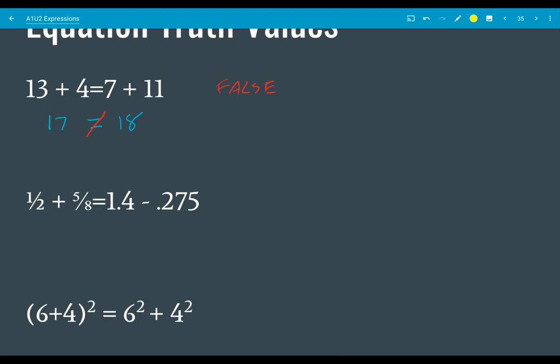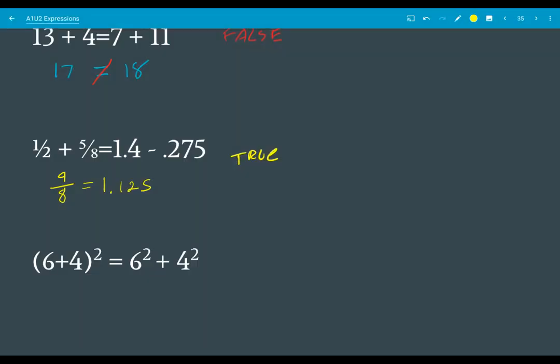So let's look at our next one. So this side is 9/8. And that's going to be equal to 1.125. Okay, which those two are equal. So this one is true. Then we do our last one.